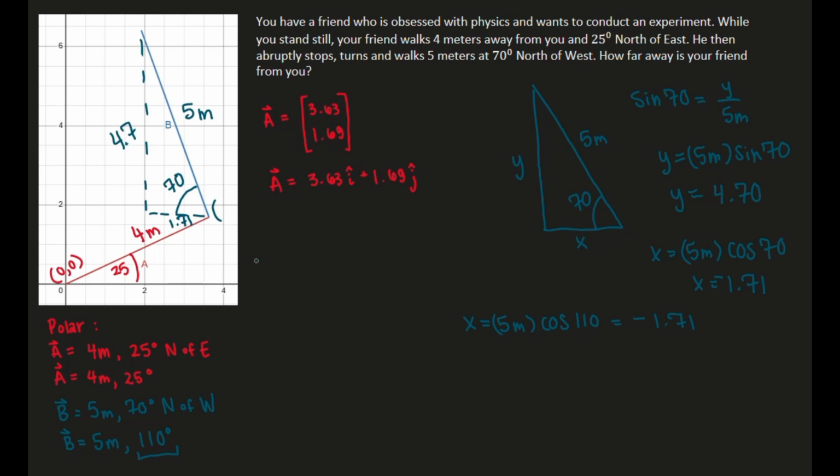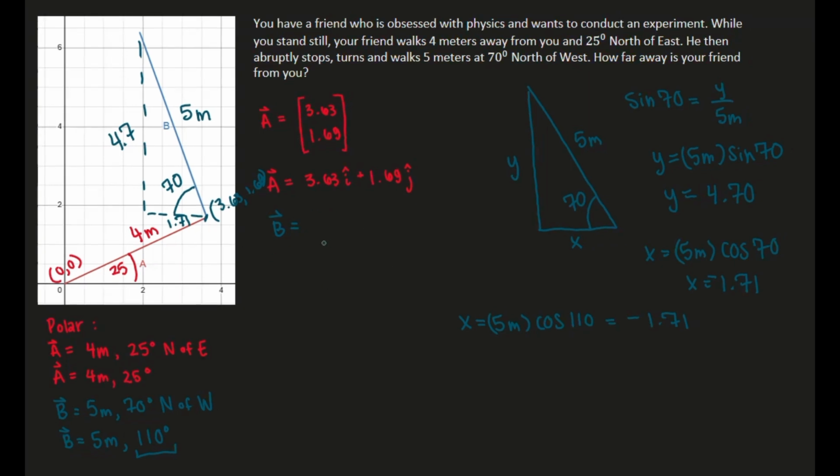Well, my friend is the one moving: he moves 4 meters, 25 degrees north of east, he stops, he turns, and then he moves 5 meters, 70 degrees north of west. So he has moved from this point, which I already know from my vector A. So this is 3.63 by 1.69. That's its starting point. So when I write my vector B out, I need to account for that its starting point is not 0.